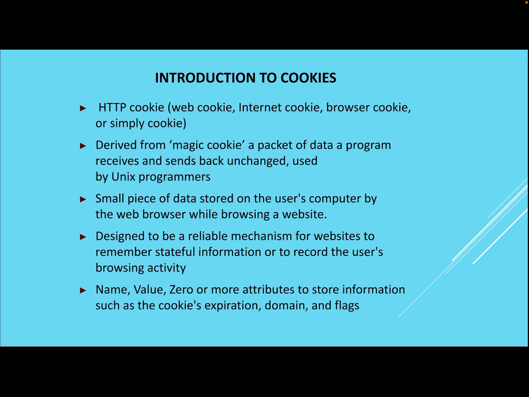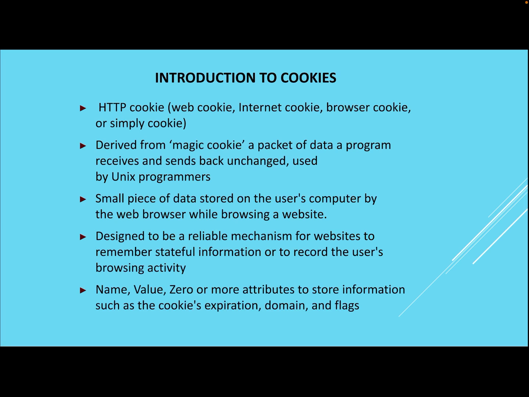The size of a cookie, as we have seen, is around 4 KB of information. And the number of cookies that is managed by a particular web browser depends upon the type of web browser that you are using.